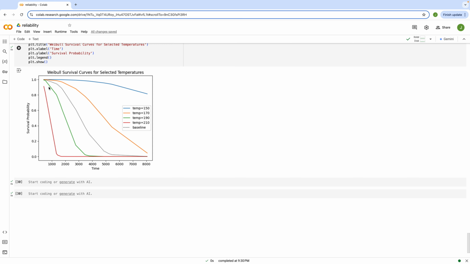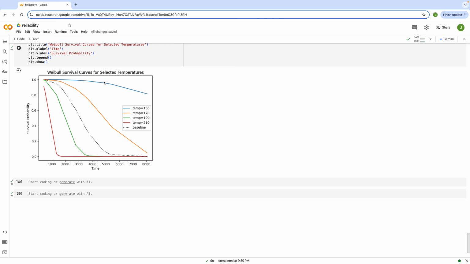So how does temperature affect survival? This is a graph showing us different temperatures changing the survival probability. As the temperature increases, we can see that the survival starts to decrease, eventually becoming this red curve and failing a lot quicker than the baseline, which is just the aggregated effect.